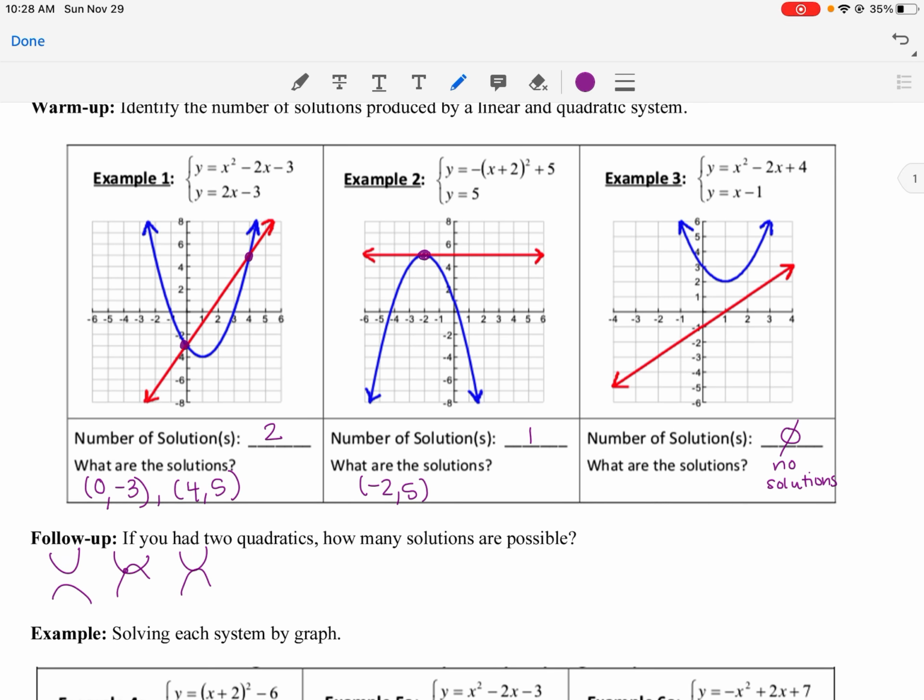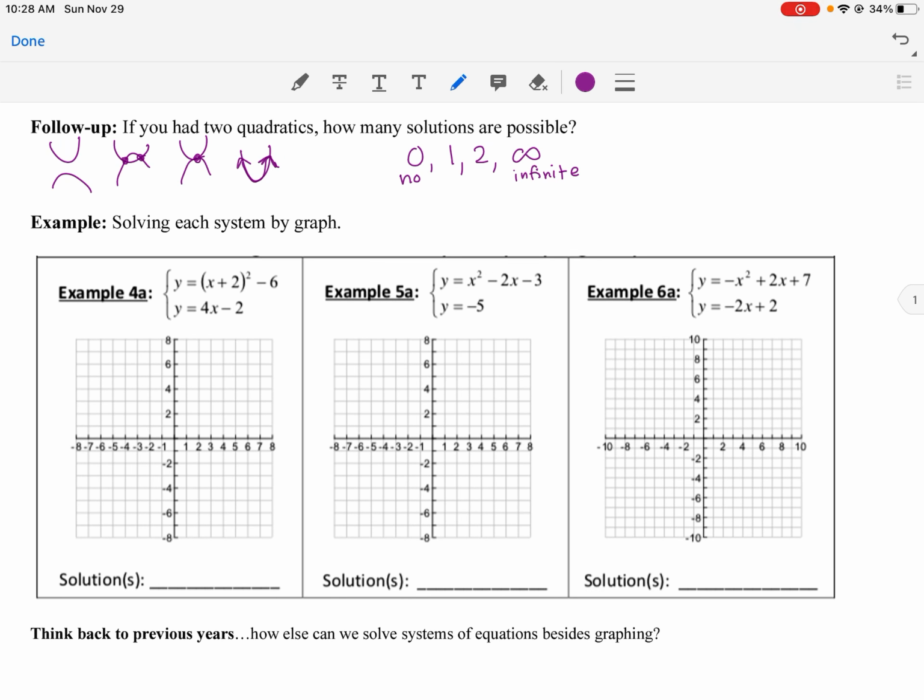You could have something where it has 2 solutions, like the second one. You could have something that has 1 solution. And then last but not least, if you literally had the same exact parabola, just like we do with equating lines, we could have infinite. So now we're going to have 0, or no solutions. We're going to have 1, we're going to have 2, or we have infinite. So there's a few more possibilities here than what you've had in the past.